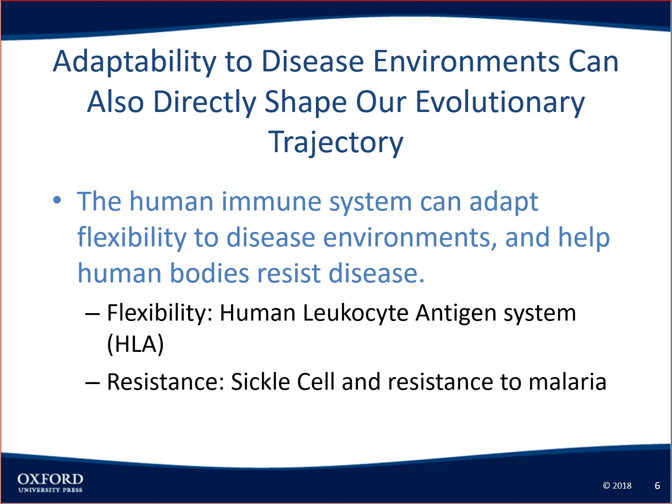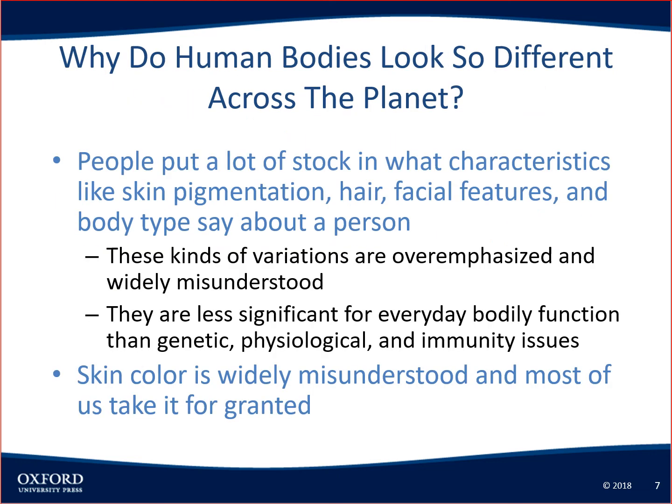Those without this resistant gene end up getting really sick from the malaria, and those who have both recessive traits end up getting the sickle cell and end up dying because of it. But the human immune system cannot adapt very flexibly to disease environments, and when it does, there tends to be problems. The human leukocyte antigen system is flexibility. However, resistance would be the sickle cell.